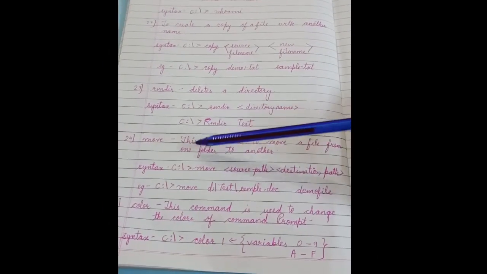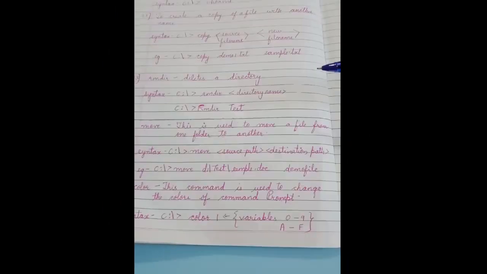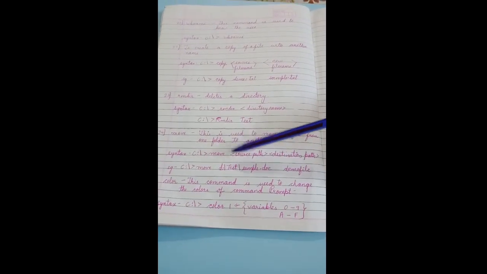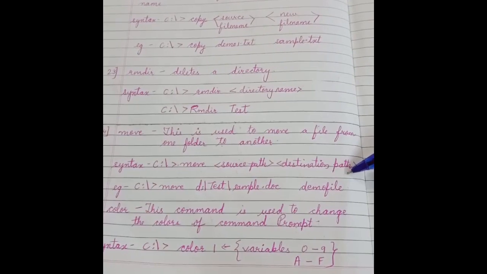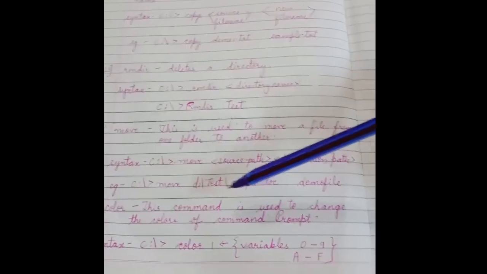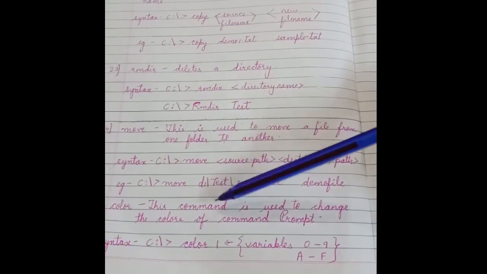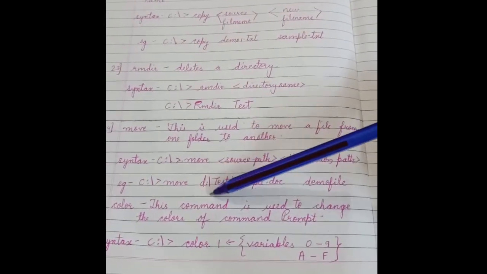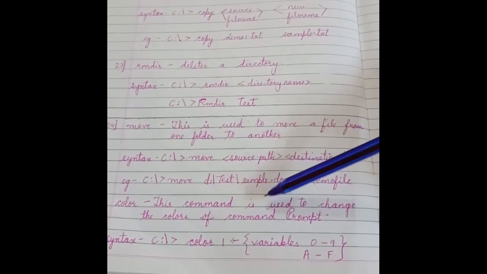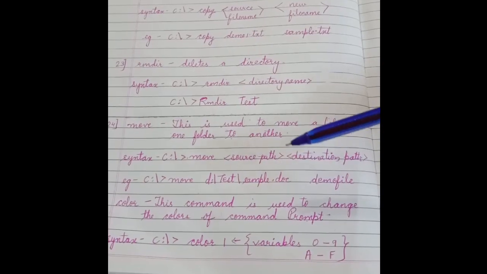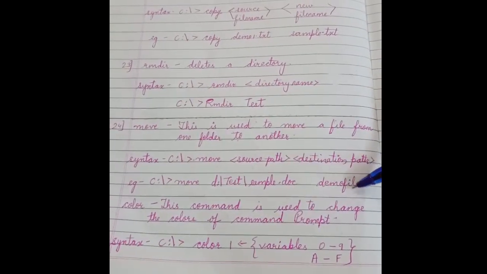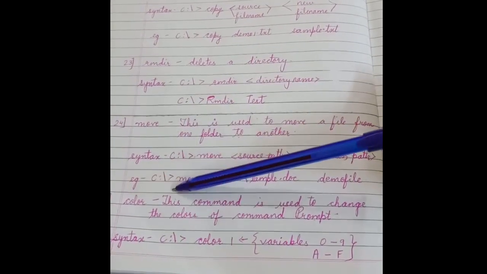Next command is move. This command is used to move a file from one folder to another, and the syntax is as follows: move, source path, space, destination path. Example is the move command. Here my source path is D:, this is the drive. In the drive my directory is test, and under directory test is the sample.doc file. I want to move this file to the demo folder, which is located in the C drive.